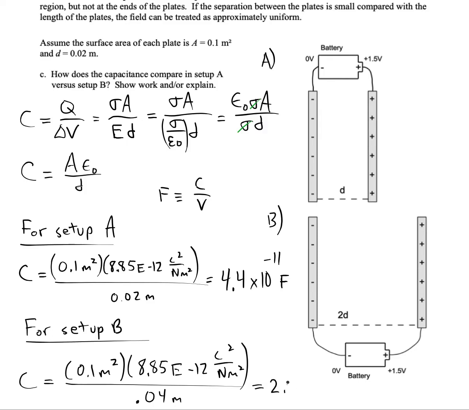This cuts the capacitance in half. So even though they're made of the same materials, the capacitance of A is twice as much as the capacitance of B.